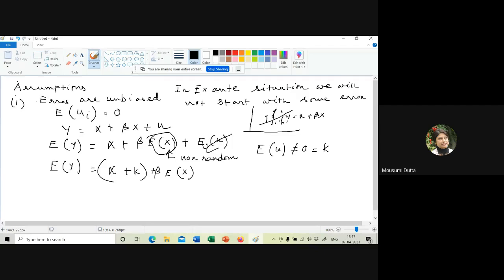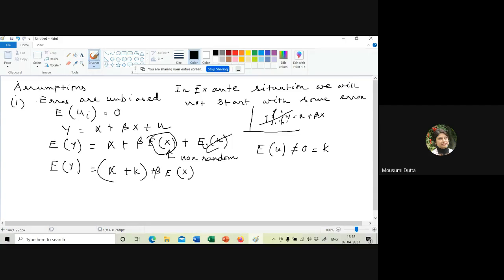Okay. So expectation of ui equal to 0 is a very natural assumption. It is not as if you are forcing something on the model. It is not a very stringent assumption. It's a natural assumption.